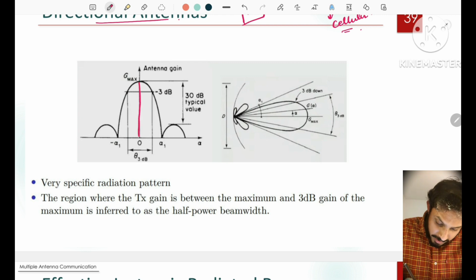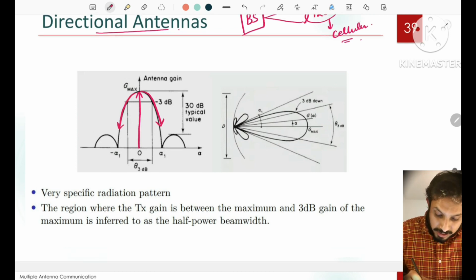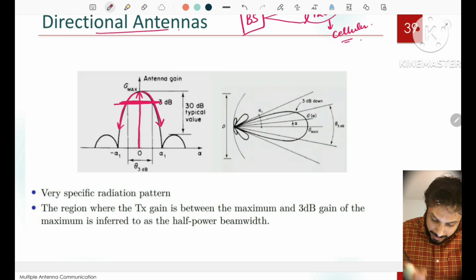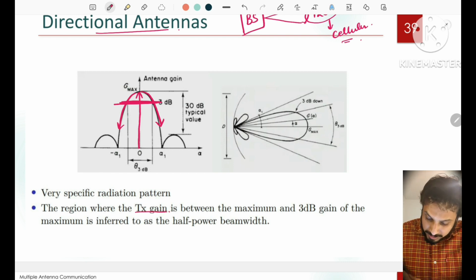It is maximum in a particular direction, and as you go away from that direction, the gain decreases. We are always interested in the angle where the transmitter gain is between the maximum and the 3 dB gain of the maximum.